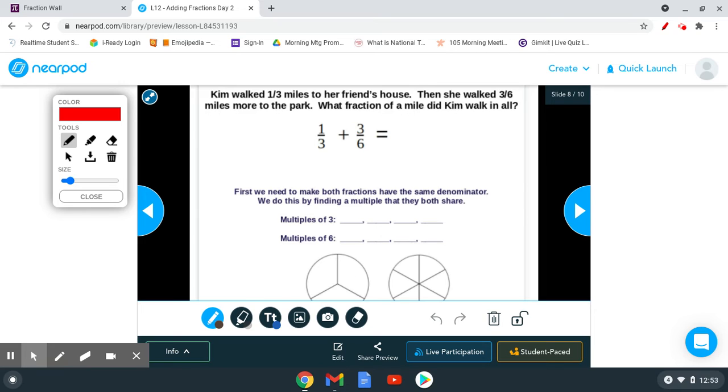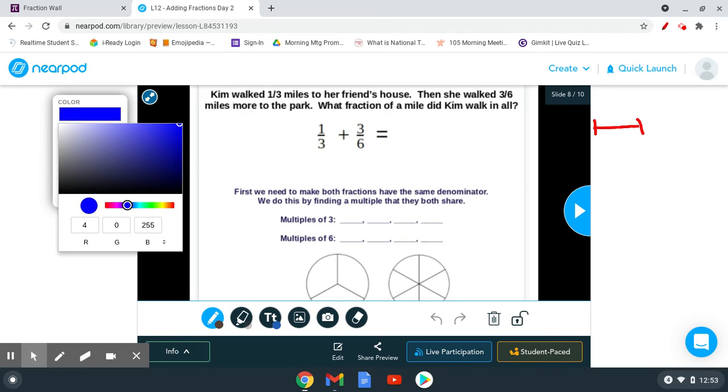So now let's pull out those math numbers that are really important. Kim walked 1/3 of a mile to her friend's house. So you can picture if she's starting here, she's going to walk some amount to her friend's house, and then she's going to keep going, and she's going to walk 3/6 more of a mile to the park.